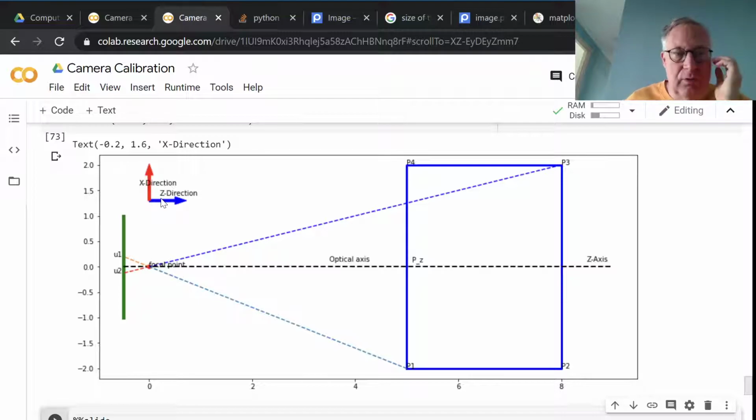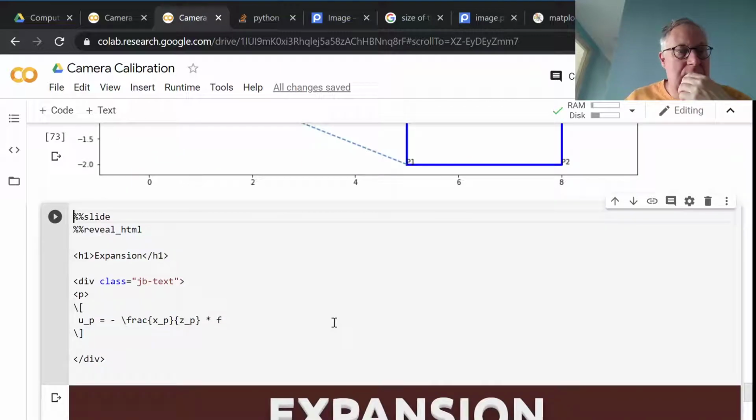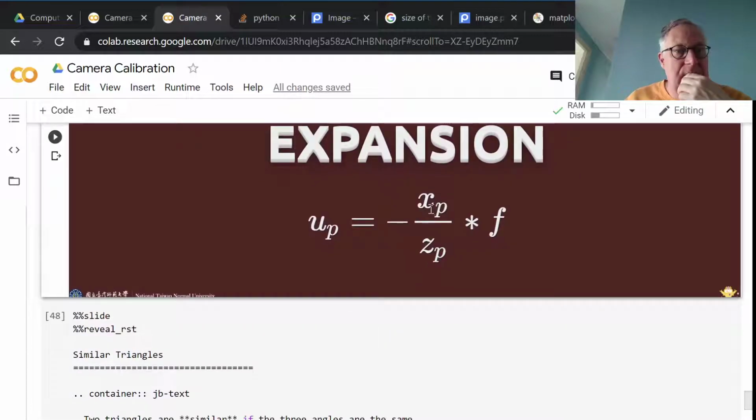So here's our coordinate system, the directions, Z direction, X direction. So the coordinate in the image plane divided by the Z coordinate of the point multiplied by the focal length gives us our new coordinate.